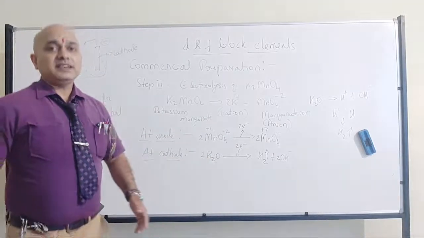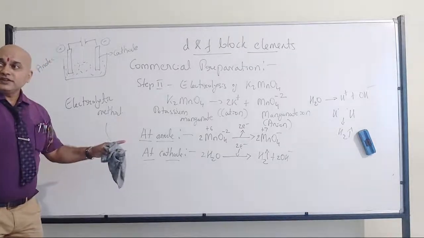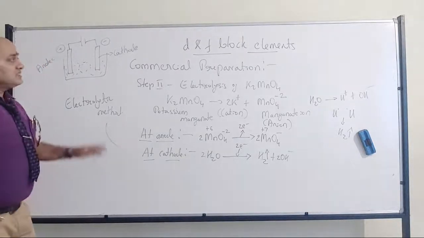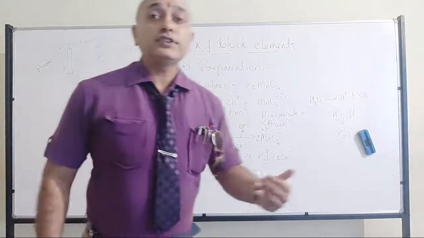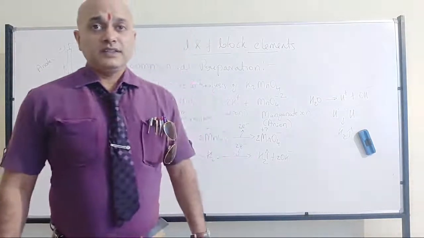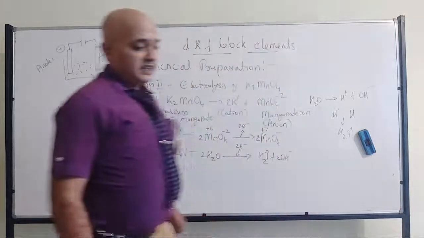But another method they have asked, that is acidic condition. But all of you have understood how it will be done. So these are some of the points related to commercial preparation of permanganate.